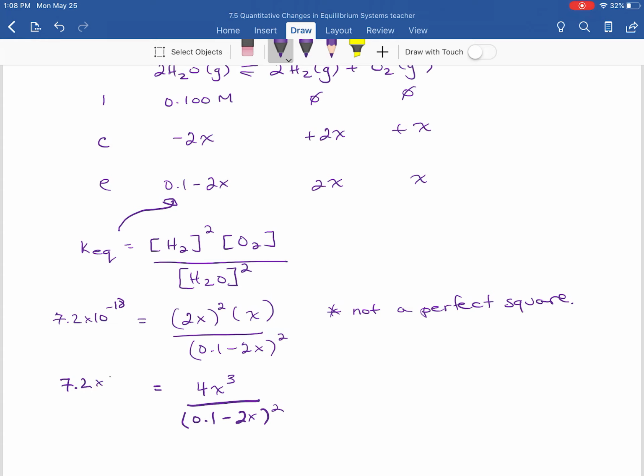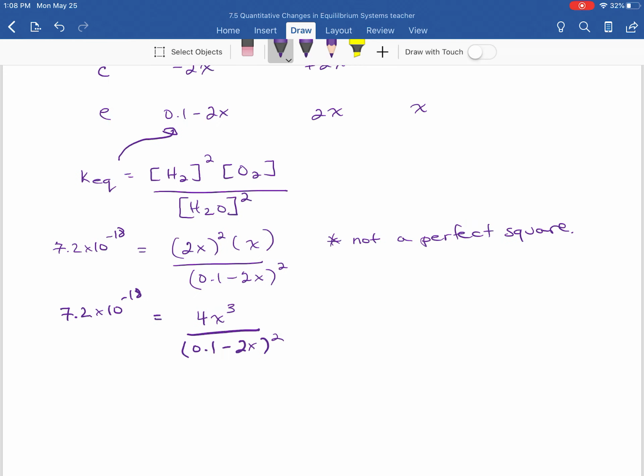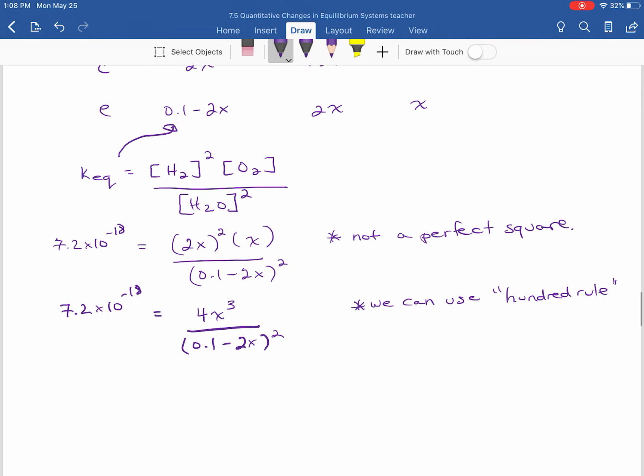But luckily enough, if you notice that this is a super small k, you can make an assumption, and we love assumptions because assumptions make the math easy. So we can use this 100 rule assumption, and you can read all about that in your textbook, but I'm going to explain it here.